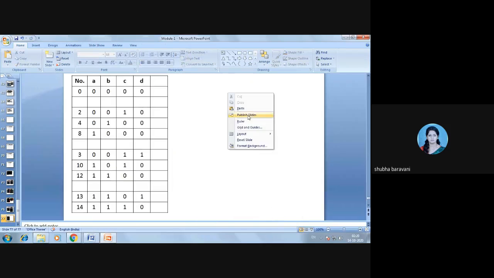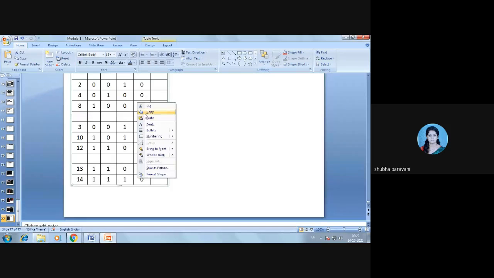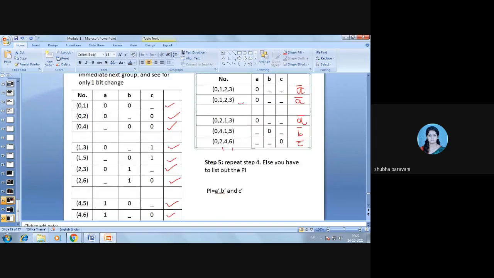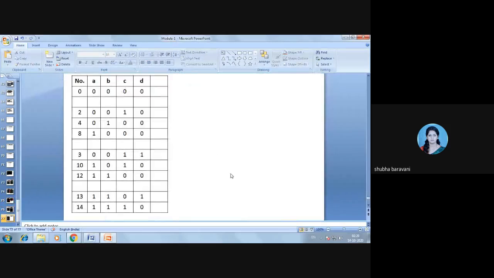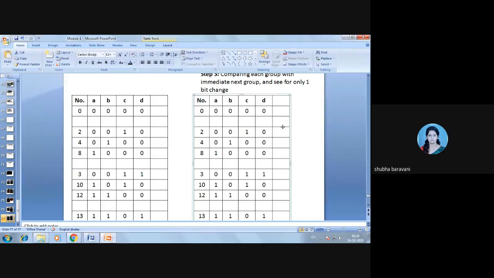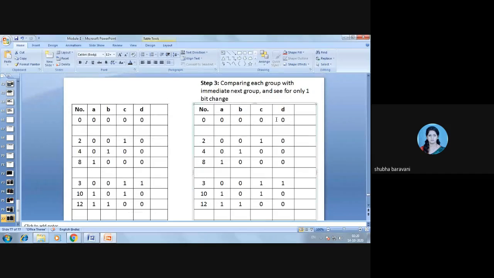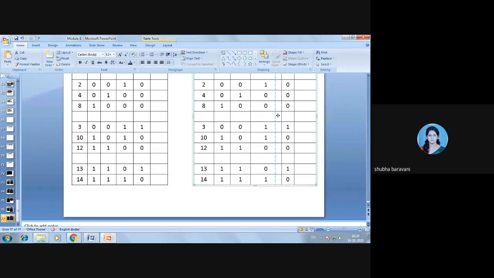My step 3 is comparing each group with the immediate next group and seeing for a 1 bit change. You all can start doing that parallelly. I'll do it here.